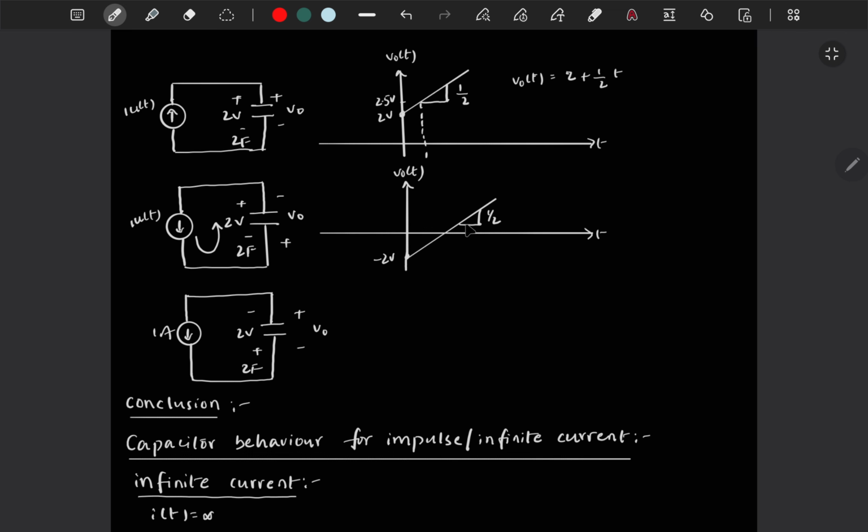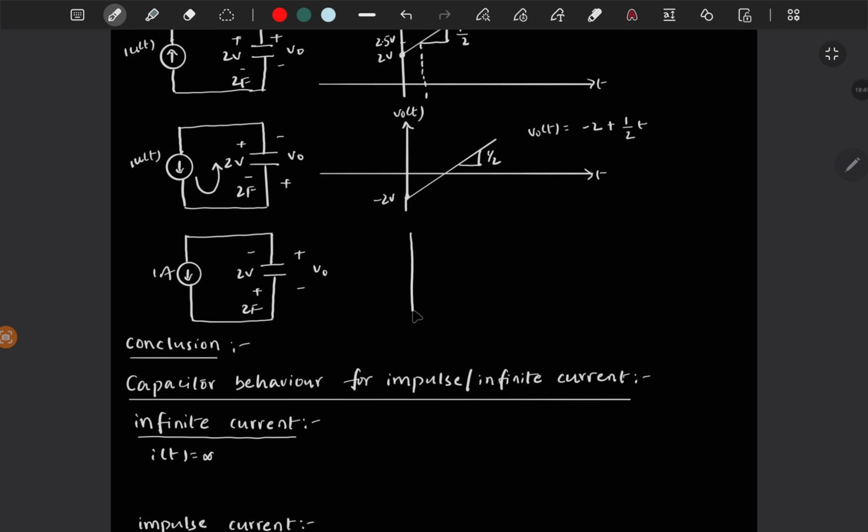So V naught of t is the initial voltage, minus 2 volt, plus I naught by C, which is 1 by 2, times t. So here the slope is positive. So we got this expression.